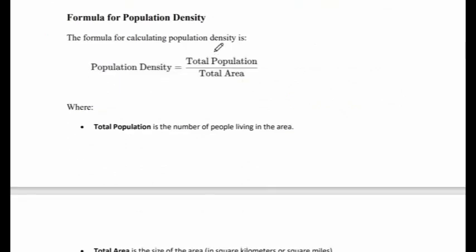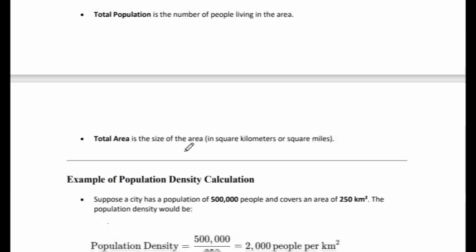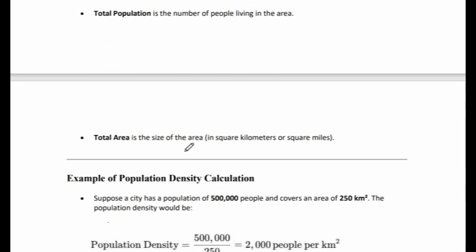The formula for calculating population density is population density equals total population divided by total area, where total population is the number of people living in the area and total area is the size of the area in square kilometers or square miles.